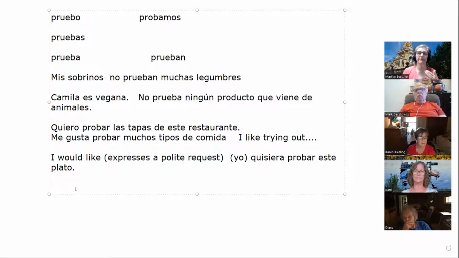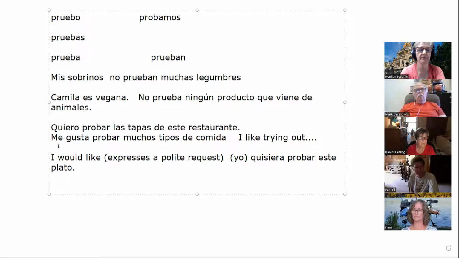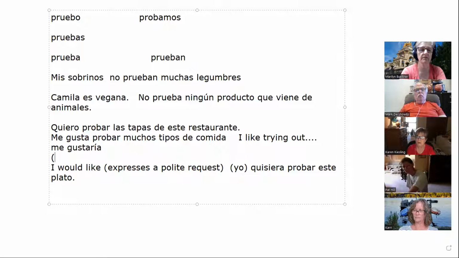There is another phrase, and the translation thing will split this out. And it is not exactly me gusta, it's me gustaría. And they're going to tell you that means I would like, and it does.